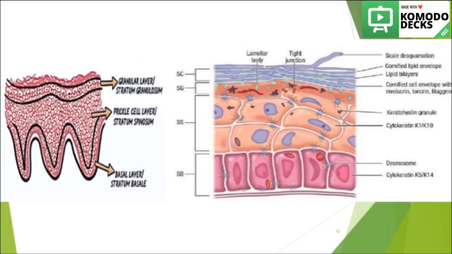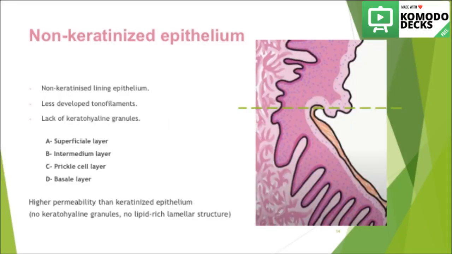Summarizing, we have the basal layer or stratum basale, stratum spinosum or the prickle cell layer, and then the granular layer, and above all is the keratinized or the cornified layer. The non-keratinized lining epithelium has less developed tonofilaments.